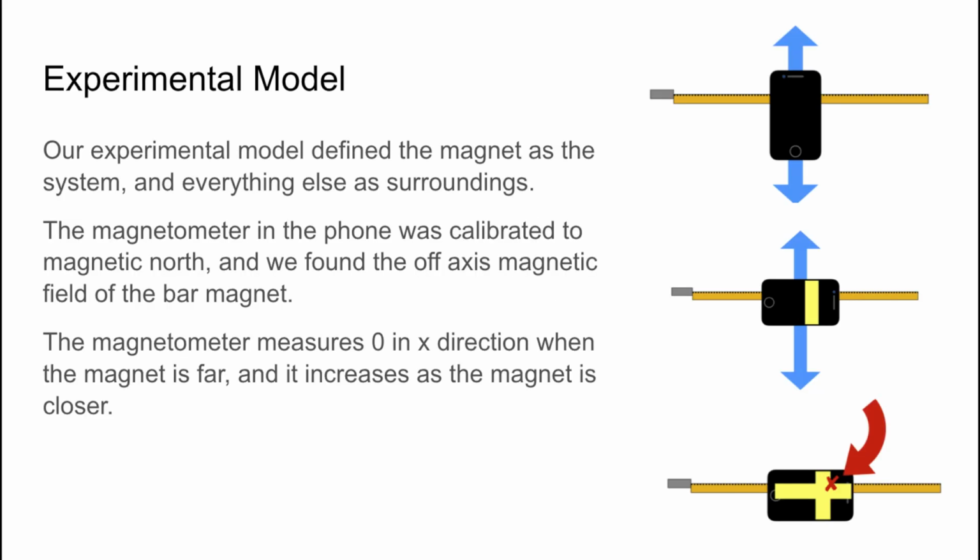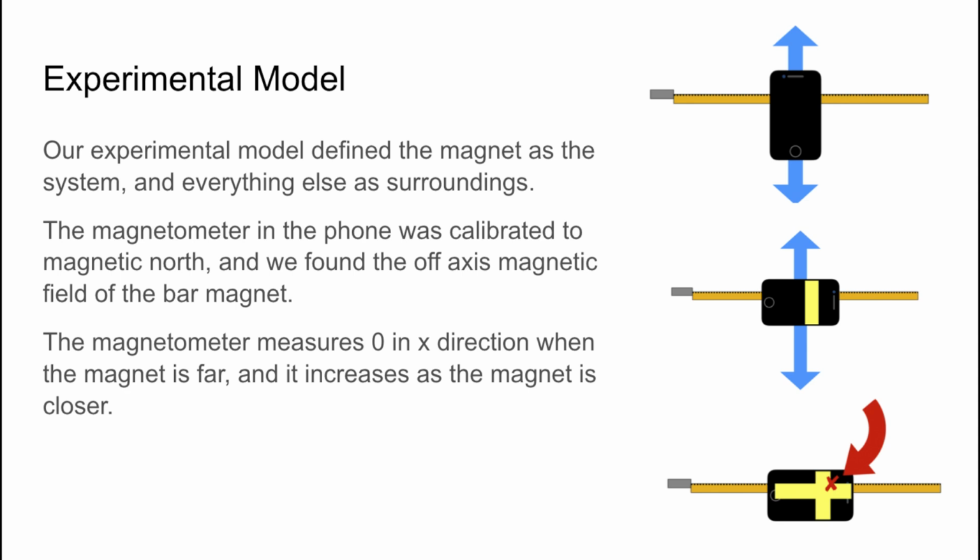Moving to the experimental model. Our experimental model defined the magnet as the system and everything else as surroundings. The magnetometer in the phone was calibrated to magnetic north, and we found the off-axis magnetic field of the bar magnet. The magnetometer measures 0 in the x direction when the magnet is far, and it increases as the magnet gets closer.